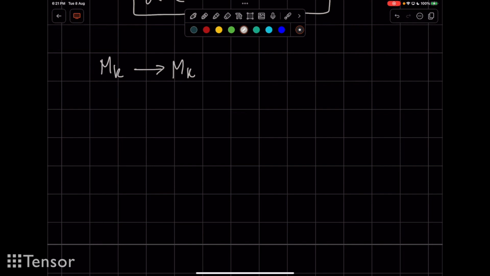If D is the dimension of M_k, how many linear transformations do we have? We have infinitely many linear transformations, of course. And those linear transformations are basically D times D square matrices.